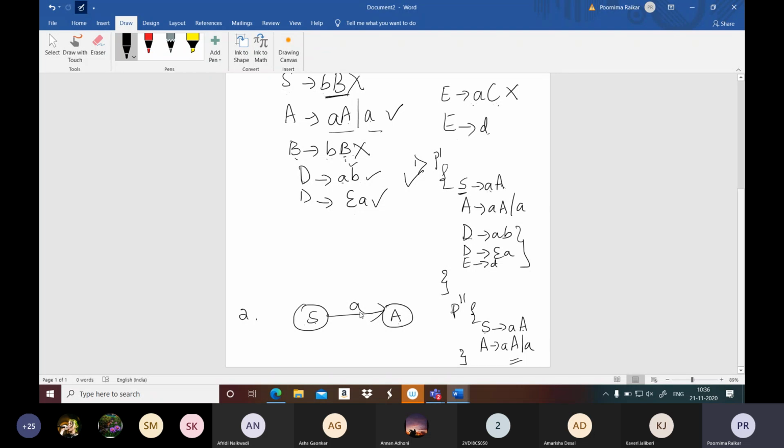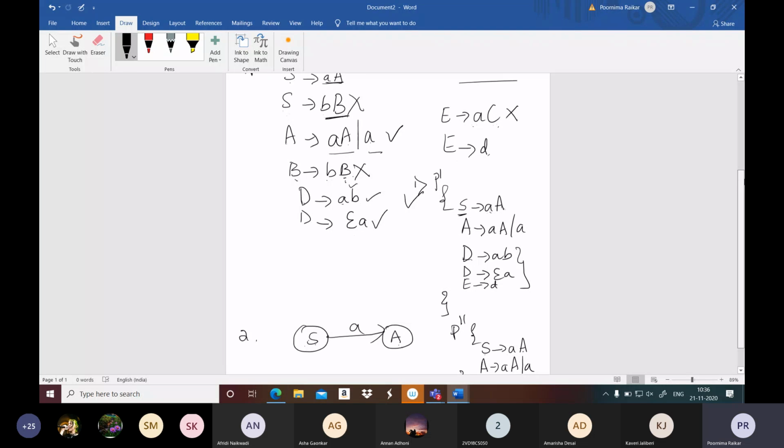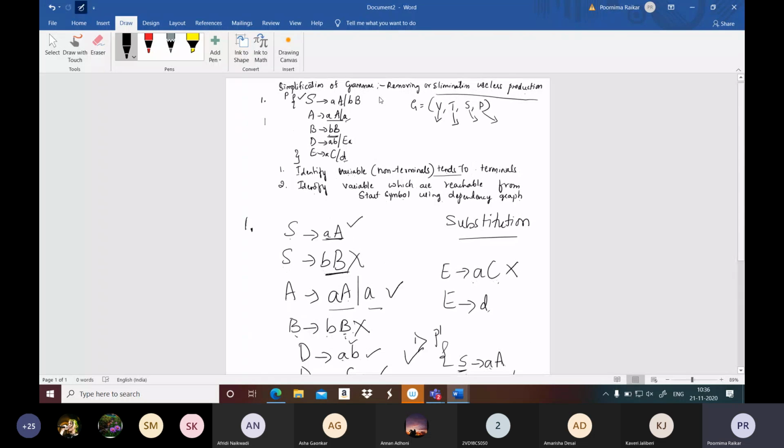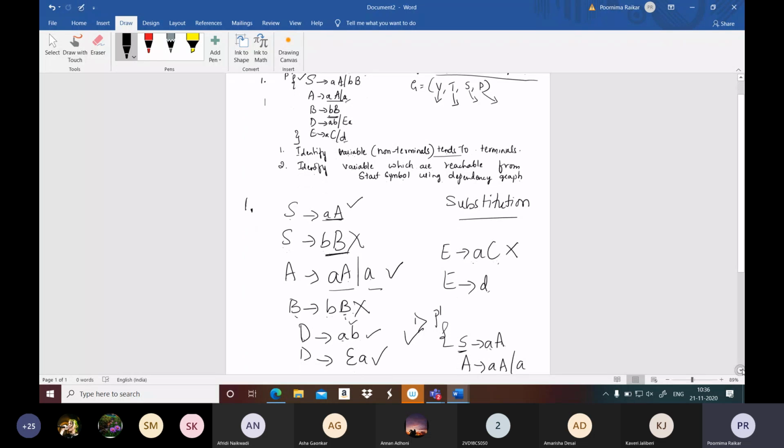Is this clear? Once again we'll recall: for eliminating useless productions, the first step is to identify those variables which tend to terminal. All the variables which can generate terminals, I have to identify; that will become my P dash.